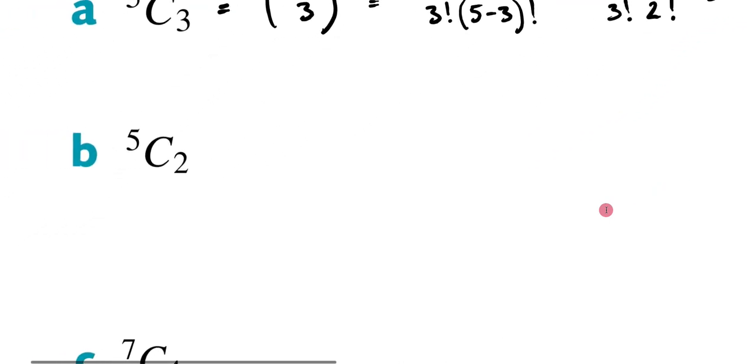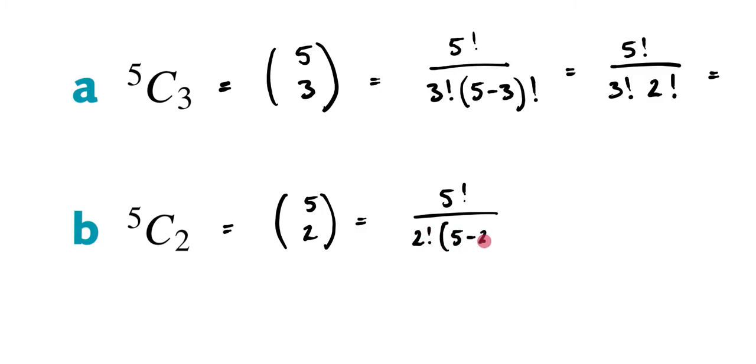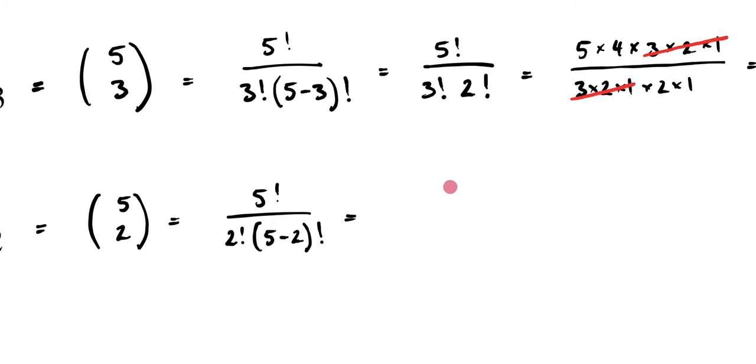Let's come down and deal with the next question now, which is 5 combinations of 2. So here I have 5 and 2. That's going to be 5 factorial over 2 factorial, then 5 minus 2 factorial, which is equal to 5 factorial over 2 factorial, 5 minus 2 is 3 factorial.